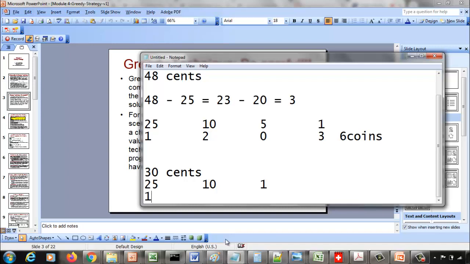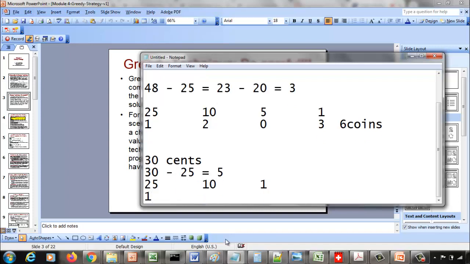We can pick only 1 25-cent coin, so that means you now have to provide change for the remaining balance, which is 5 cents. So you cannot pick any 10-cent coin. That means you have to pick 5 1-cent coins. So the total number of coins you would need is 6 coins.